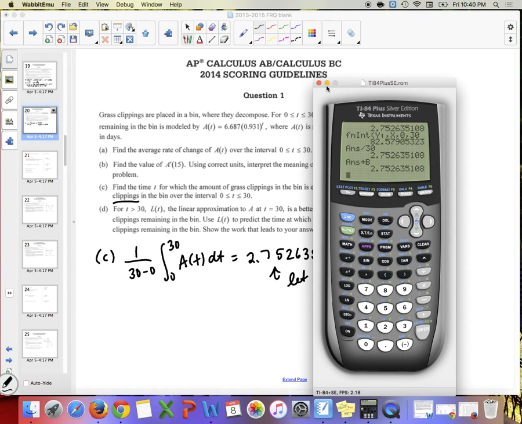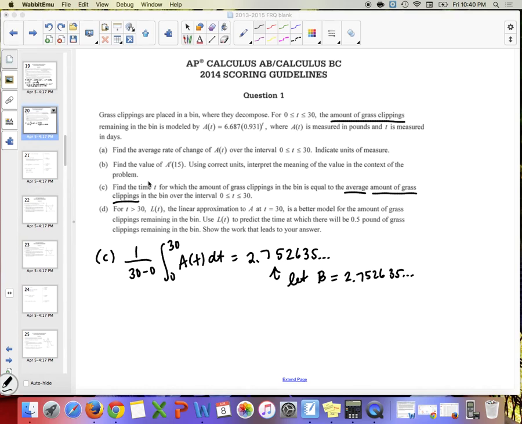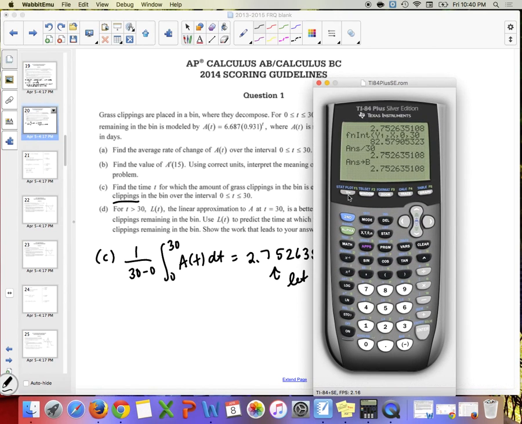Okay, and the question was, find the time t for which the amount of grass clippings is equal to the average amount of grass clippings. Ugh, tongue twister. All right, so we want to find the time t where this happens. So we're going to go back to our graph, and under y equals, I'm going to put y equals b. So we can graph both of them and find where they intersect.